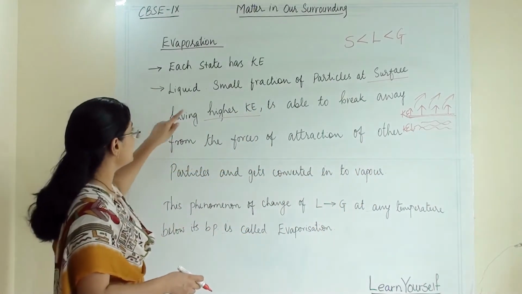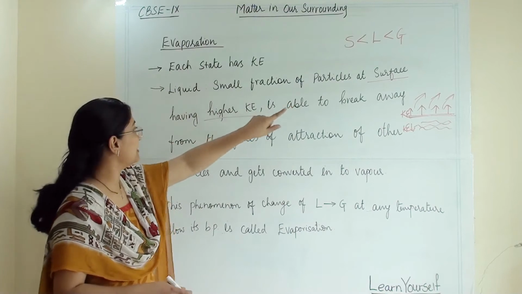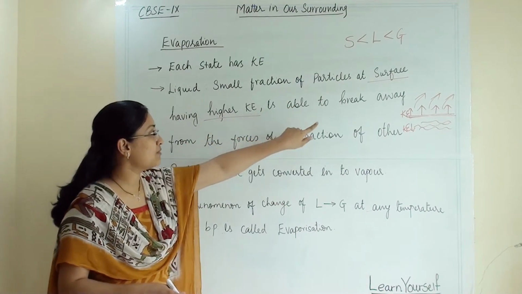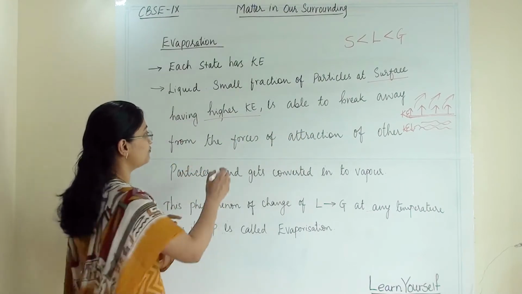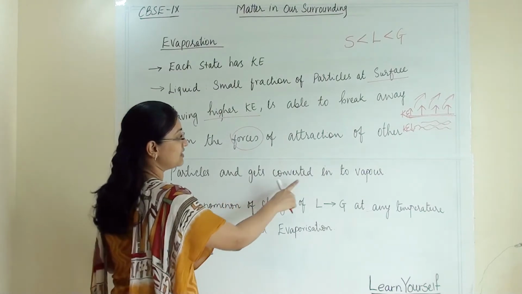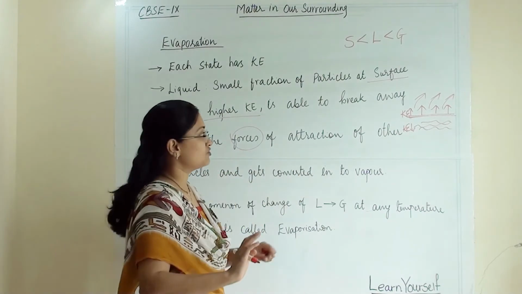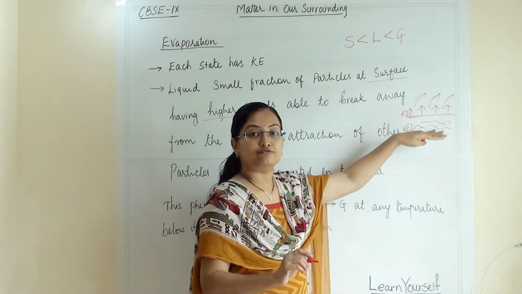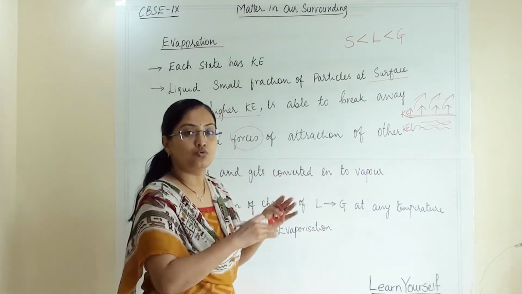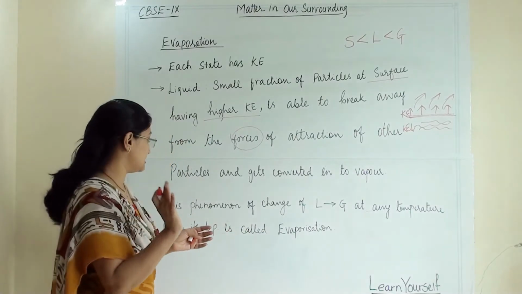Again we will read this. The small fraction of particles at the surface having higher kinetic energy is able to break away from the force of attraction of other particles and get converted into vapor. So they break their force of attraction from the other particles and move away into another state.